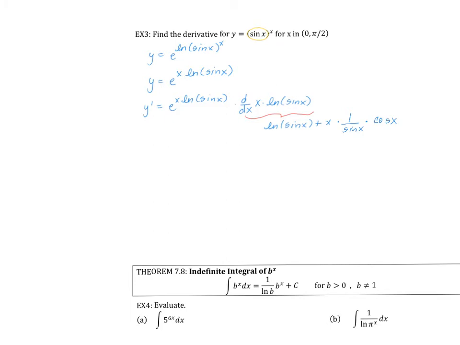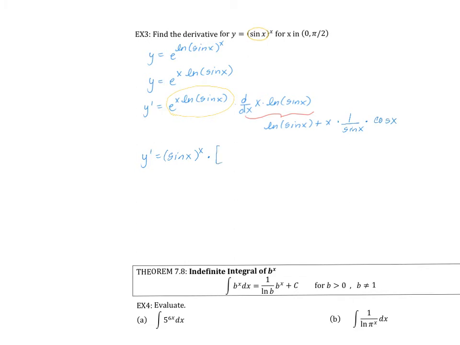Okay, so I'm going to put all this together, but I'm going to rewrite this piece here, because remember, originally that was just sine of x to the power of x, times, and then it's multiplied by all of this.